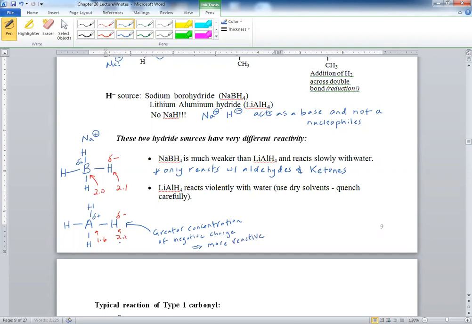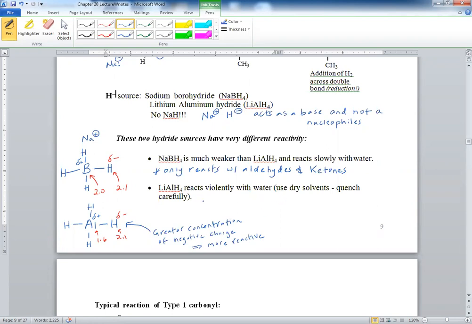The hydrogen is much more reactive here because it has more electron density because of the difference in electronegativity. Aluminum is nowhere near as electronegative as, let's say, the boron here. It's 1.6 versus 2.0. So more electron density will be on hydrogen in the aluminum hydride versus in the sodium borohydride, which makes it more reactive.